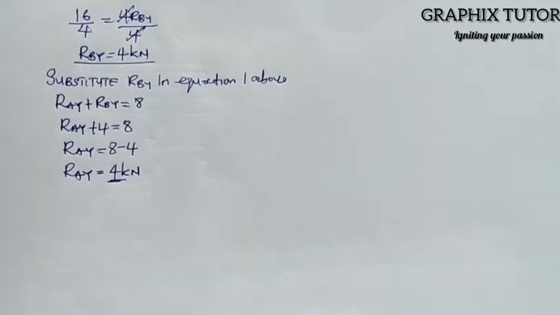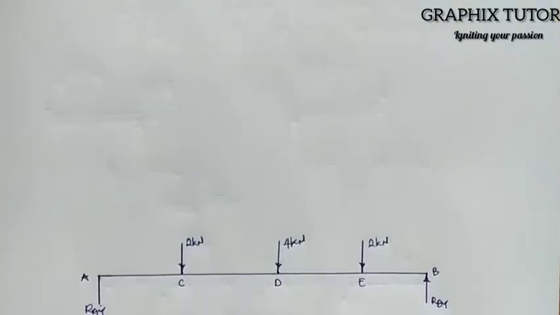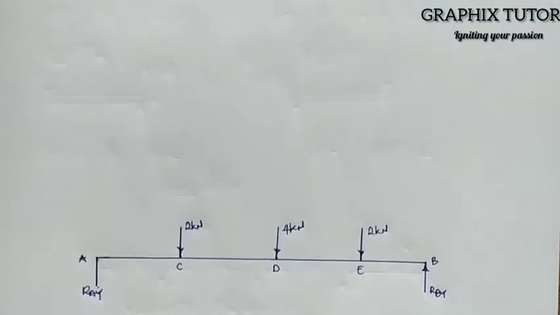Now, if you look at this very well, this is what we're having to be our diagram. We successfully got our RBY to be equals to what? 4 kilonewton, and our RAY to be equals to what? 4 kilonewton. Right?